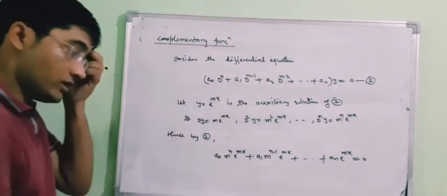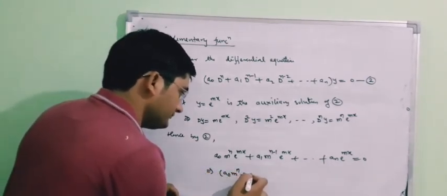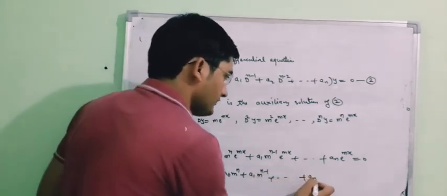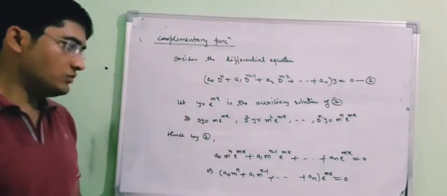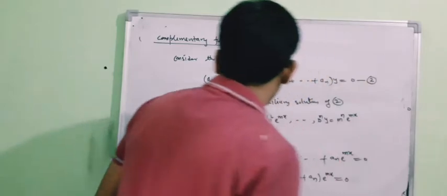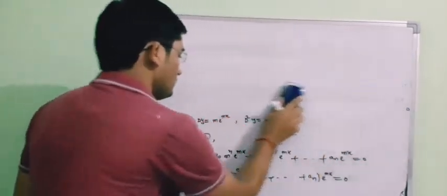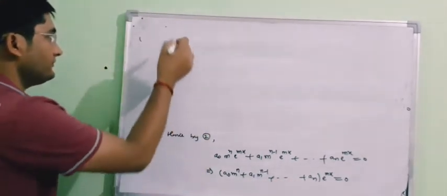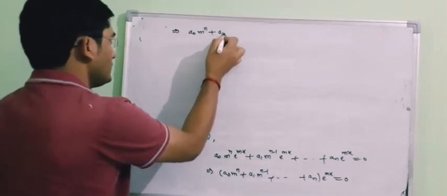Now let us take e^(mx) common. As we know, e^(mx) cannot be 0, so the remaining expression is equal to 0.